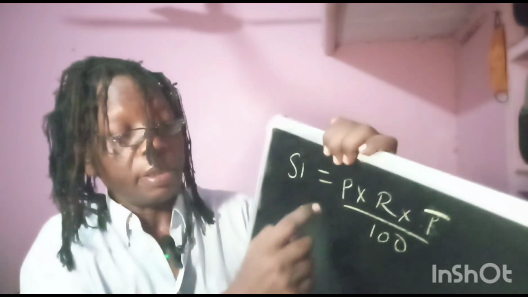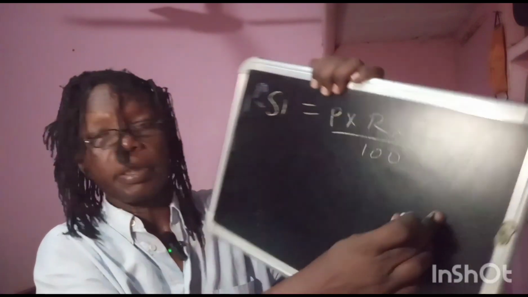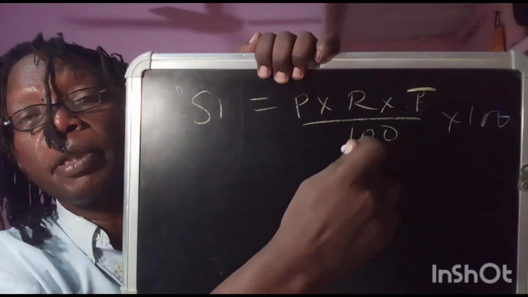Now using this formula, we're going to multiply both sides by 100 to eliminate this from here.